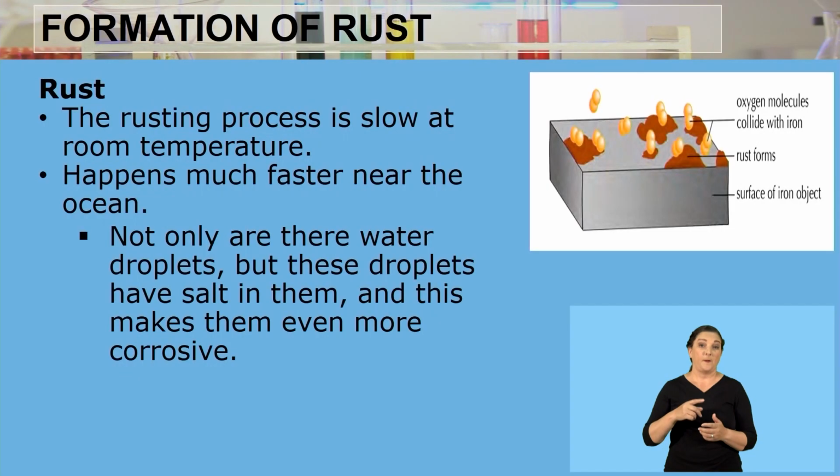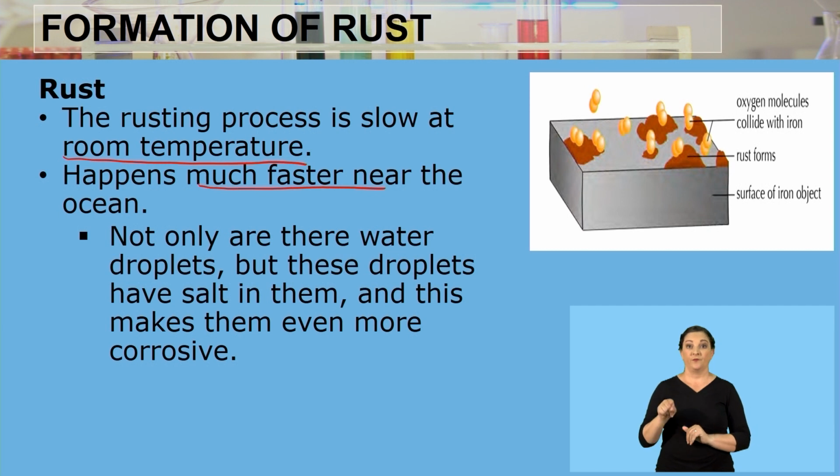Now, the rusting process is very, very slow at room temperature. However, it happens much faster when it's near an ocean, for instance. So when that iron substance is near the ocean, the rusting process is going to occur faster. And why is that?